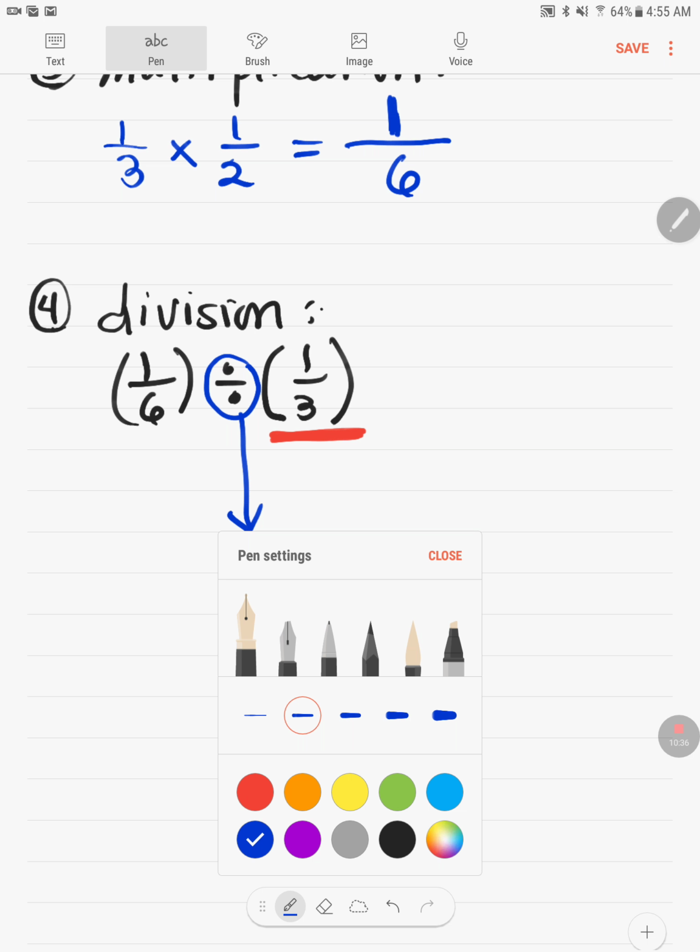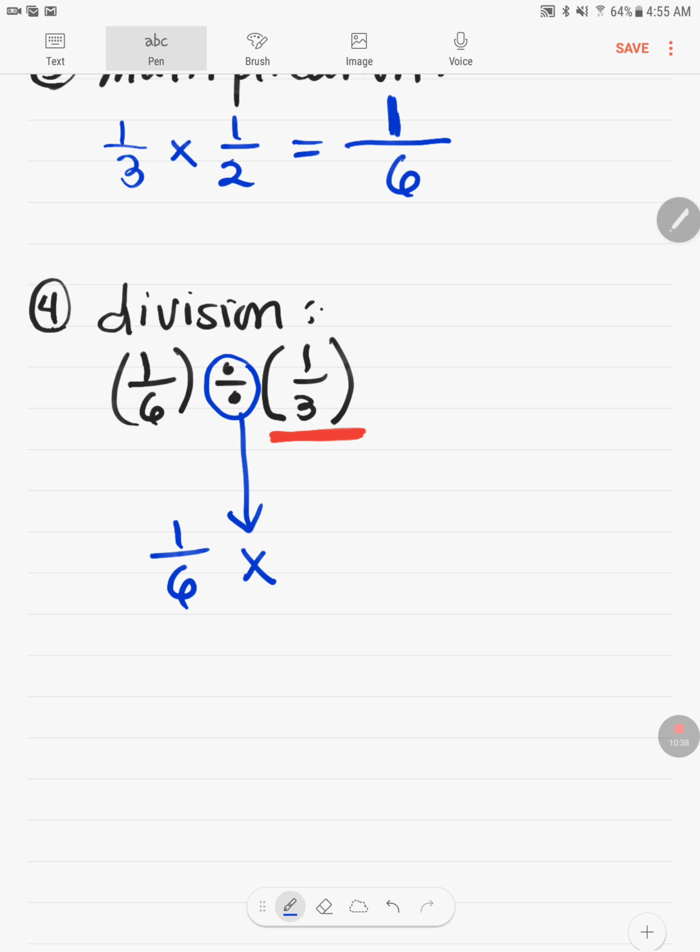So in other words, 1/6 stays as 1/6 multiplied by, flipping this, 3/1. Okay, this is the division. It's the same as multiplication by the flipped fraction, and this flipped fraction is called the reciprocal of this fraction. Reciprocal means we switch the denominator and the numerator.